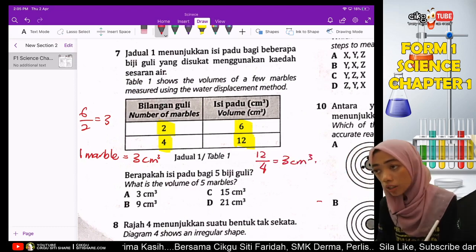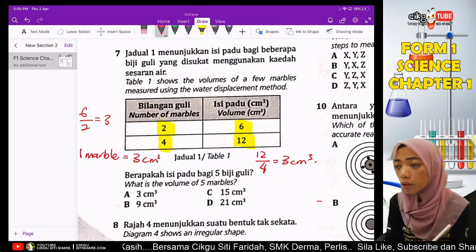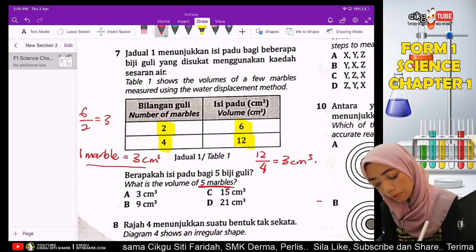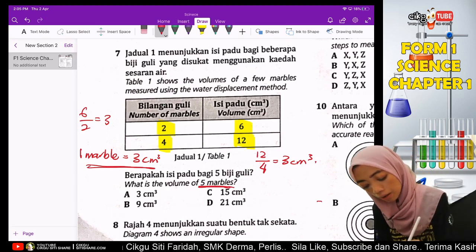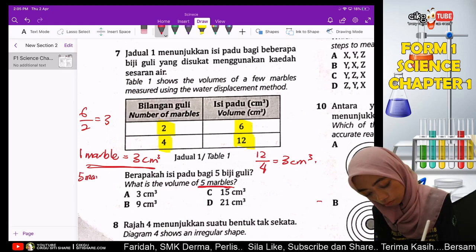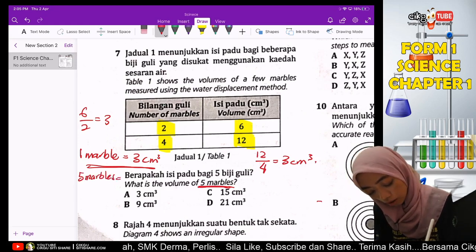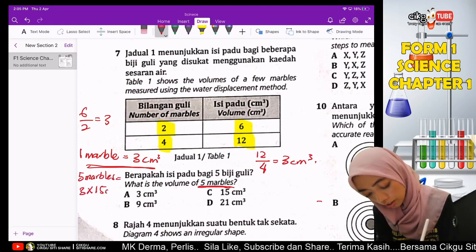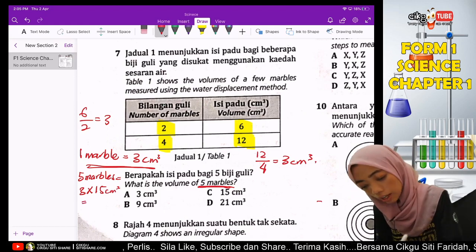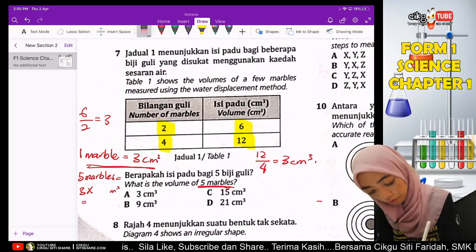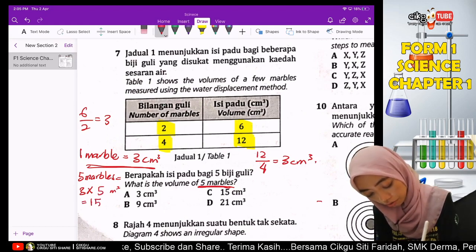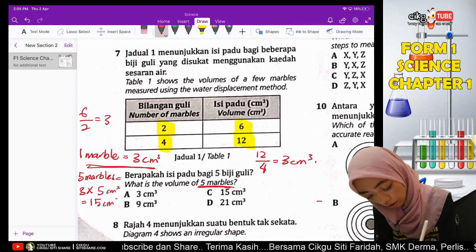So the question needs the volume of 5 marbles. If we know 1 marble is 3 cm3, then 5 marbles is 3 times 5, of course, 15 cm3.